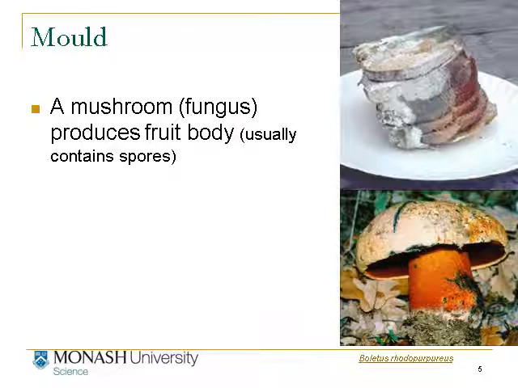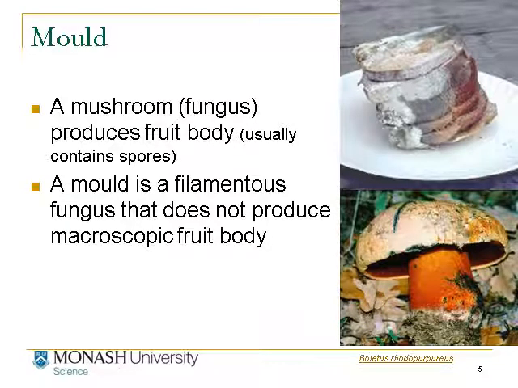Now, a mold is the common or layman term that we use, and can be referring to three different types of fungi. A mushroom produces a fruiting body, and the fruiting body usually contains spores, and this is shown in the bottom picture.